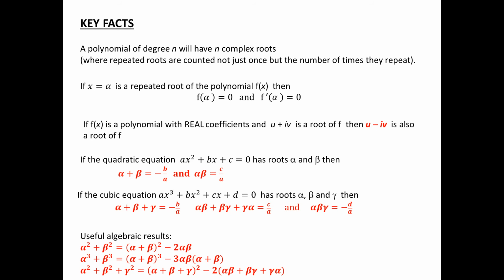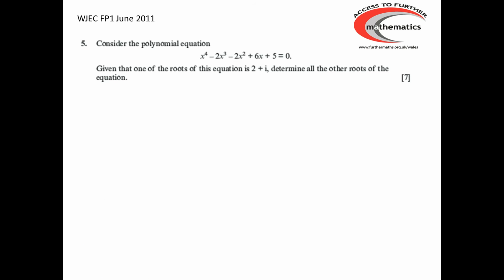So let's move now on to the first of our exam examples, which comes from the June 2011 paper. We have the quartic equation x to the 4 minus 2x cubed minus 2x squared plus 6x plus 5 equals 0. And they've told me that one of the roots is 2 plus i, and we've got to find out all of the roots.